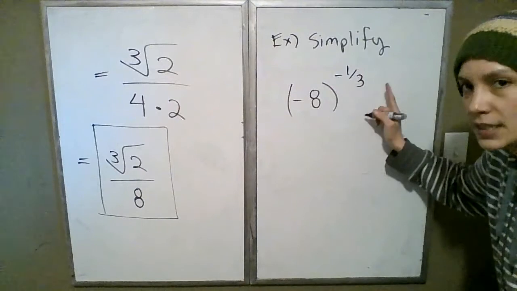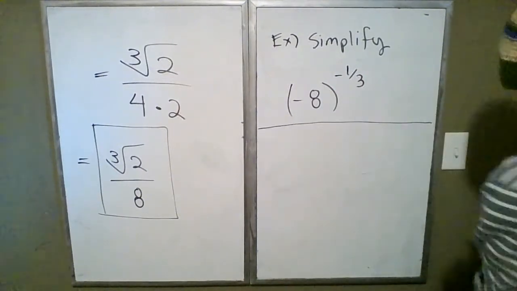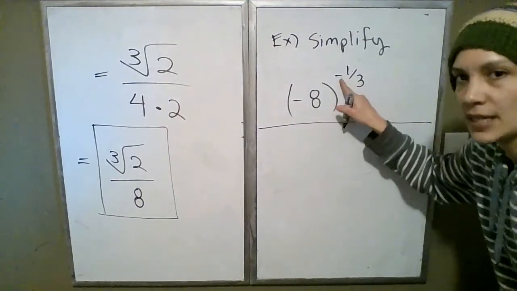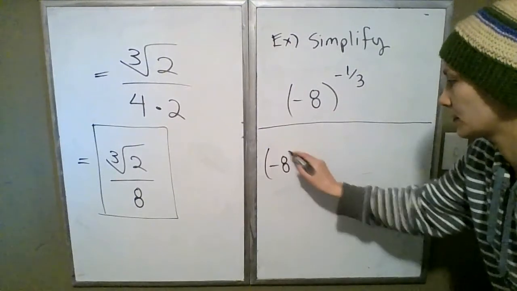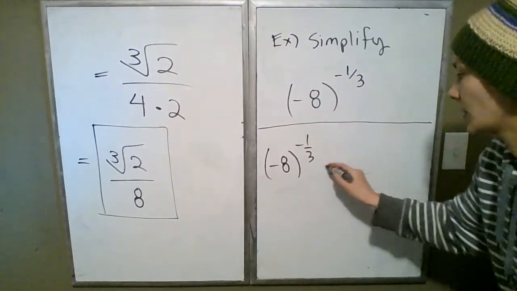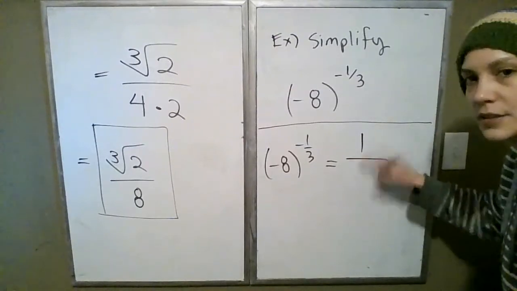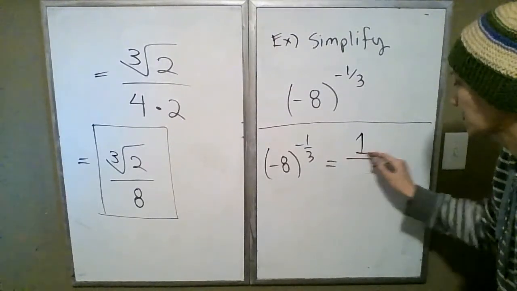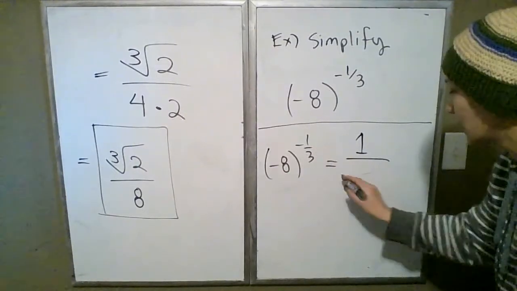It's -8 to the -1/3. So the first thing to take care of is the negative exponent. Bring this all down into the denominator and underneath 1 as -8 with a positive 1/3 power.